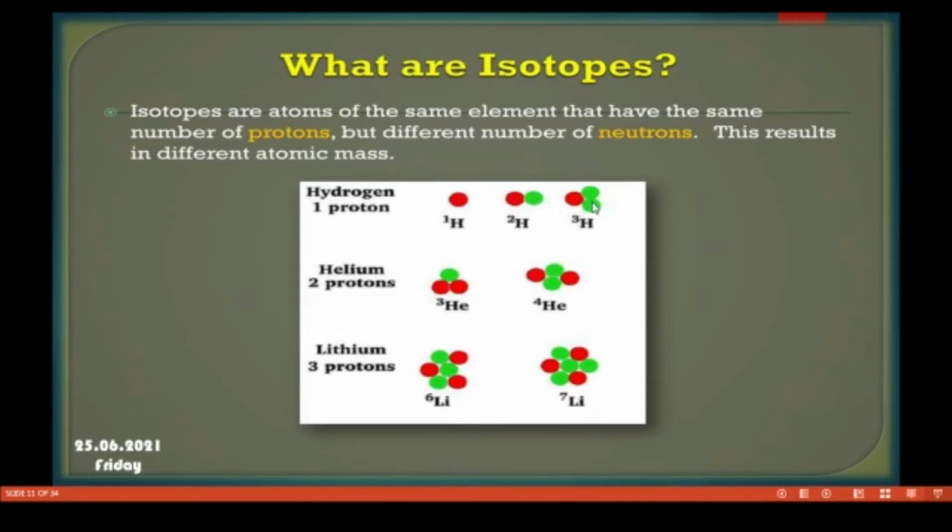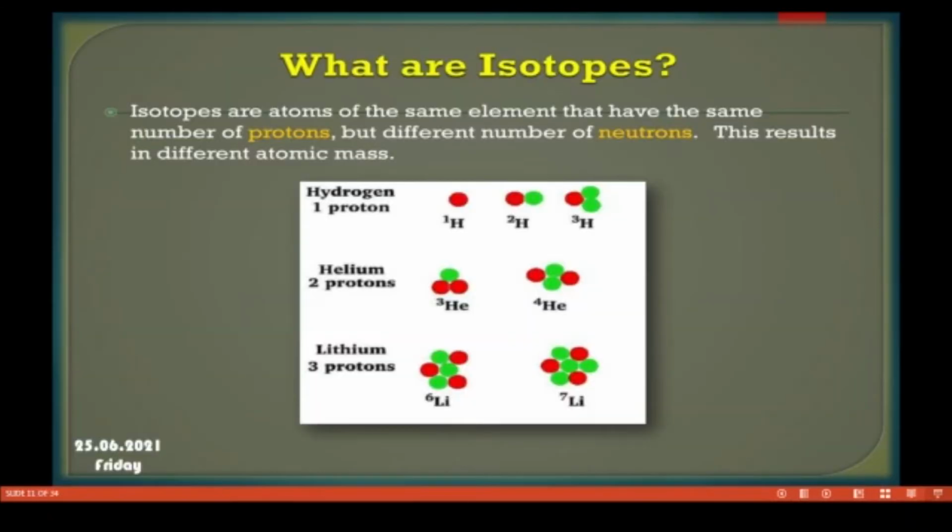So same number of protons but different number of neutrons. Like that, helium also has 2 protons here, here and here, but this is mass 3 and this is mass 4.